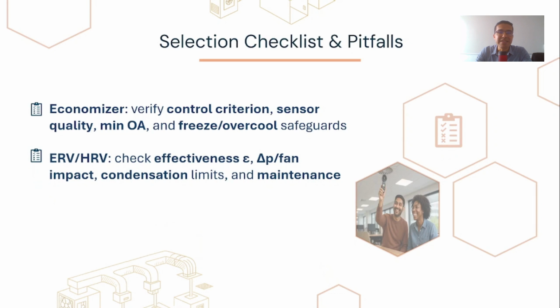When considering an ERV or HRV, it is crucial to confirm its effectiveness and account for the pressure drop and impact on fan power. So you're going to recover energy, but you need to see that the energy you recover at the end is going to be higher than the fan power you are going to need. You also need to consider the risk of condensation and the climate limits for the device.